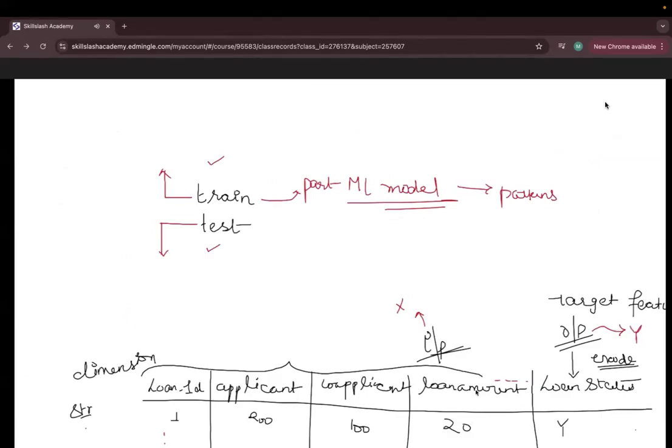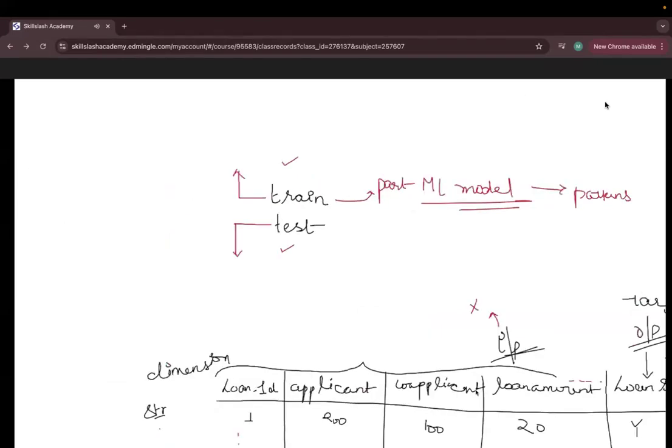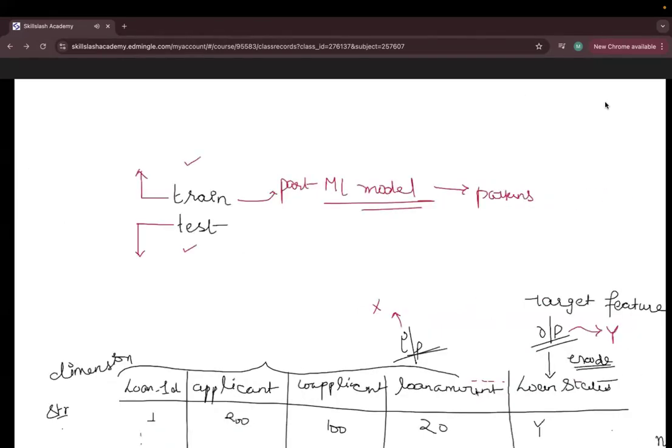Suppose you give your machine learning model some training data set. Your machine understood the data set and created a pattern. Now you have to cross verify, right? Whatever pattern the machine is creating, is it meaningful or is it just random numbers? You have to understand that. So for that purpose, we take the help of the test data set, to cross verify whether what my machine learned is correct or not.